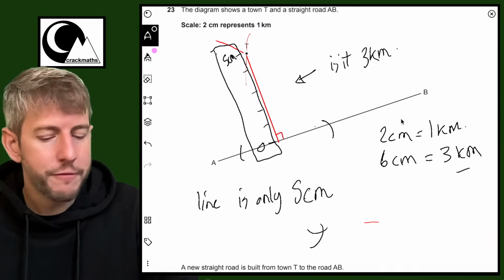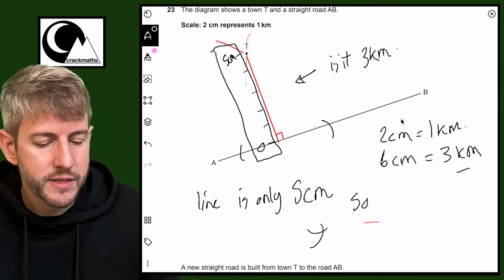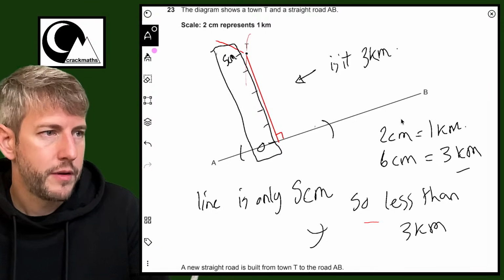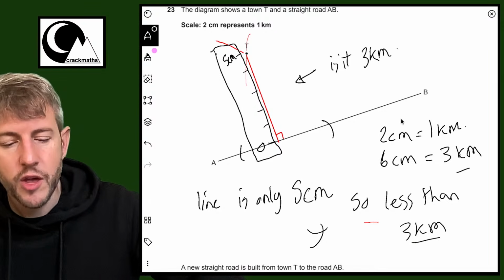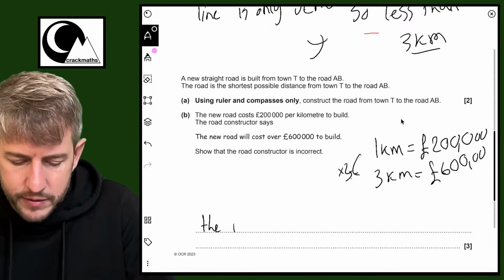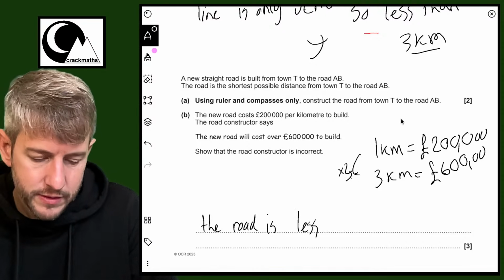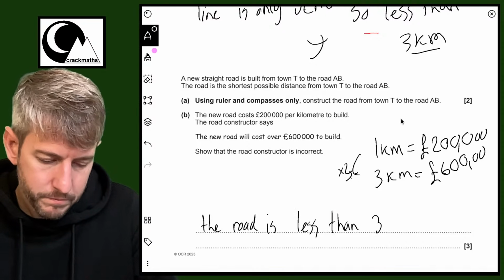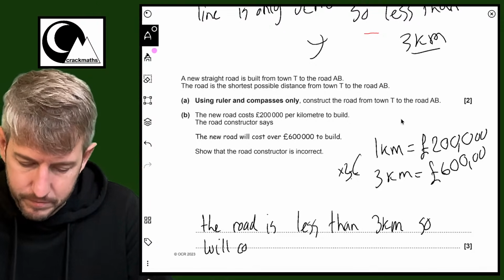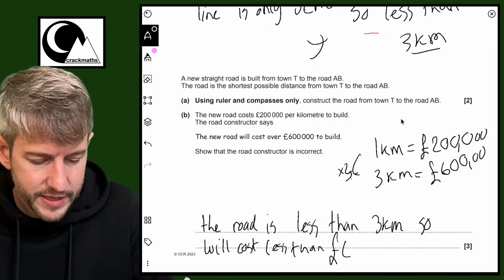The line is only 5 centimetres, so less than 3 kilometres. So the man is wrong. The road is less than 3 kilometres, so will cost less than £600,000.